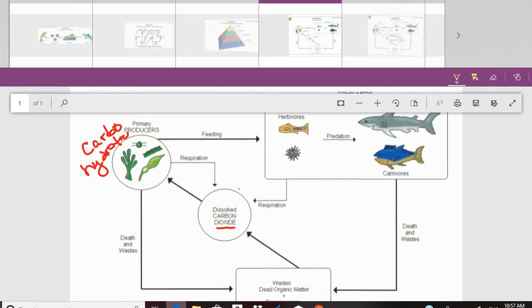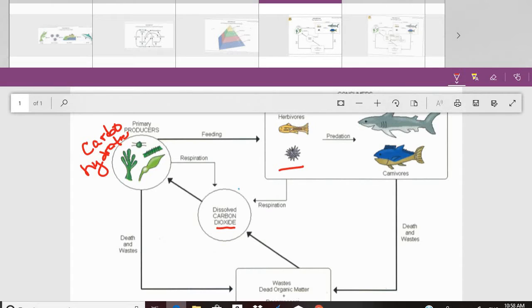Well, then what happens to those? Herbivores eat those. So sea urchins or certain types of fish that are herbivores eat those. And then because there are predators, the sharks or other larger fish will eat these. So the energy that was in those carbohydrates is getting passed up through the food web.